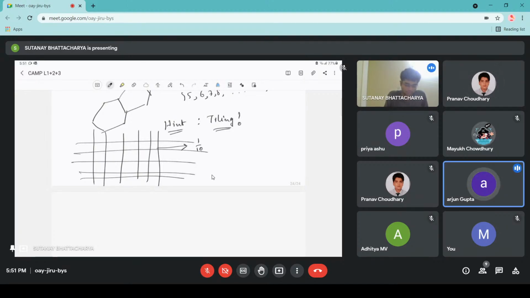Why is the number of squares countable? So this is like set theory.